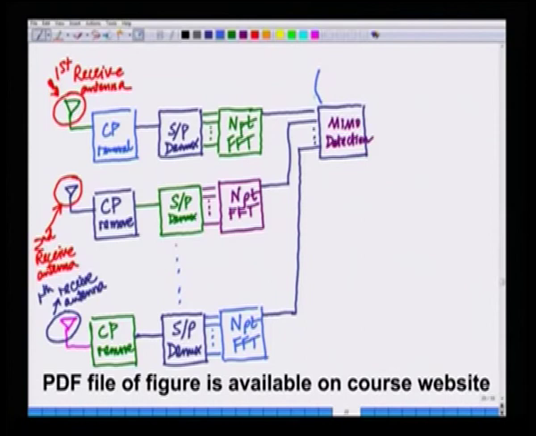Hence, this is the MIMO detection block for the first subcarrier. Similarly, we have to perform MIMO detection for the second subcarrier, MIMO detection for the third subcarrier, and so on for MIMO detection for the Nth subcarrier, before multiplexing all these symbol streams.